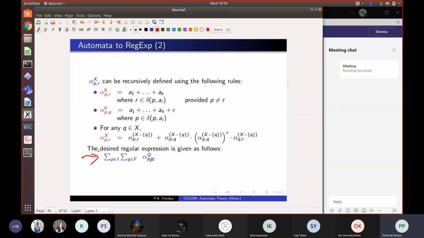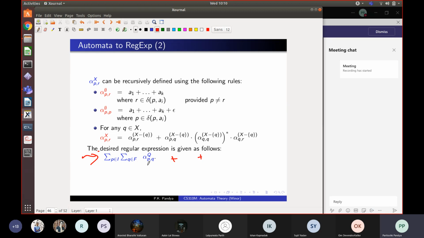So this will denote all those words which are accepted by the automaton starting from P and ending in small q, right? And you take all possible pairs where small p belongs to the initial states and small q belongs to big F. You calculate alpha PQR and take the plus of those, then you will get the regular expression for the whole automaton. Agreed?